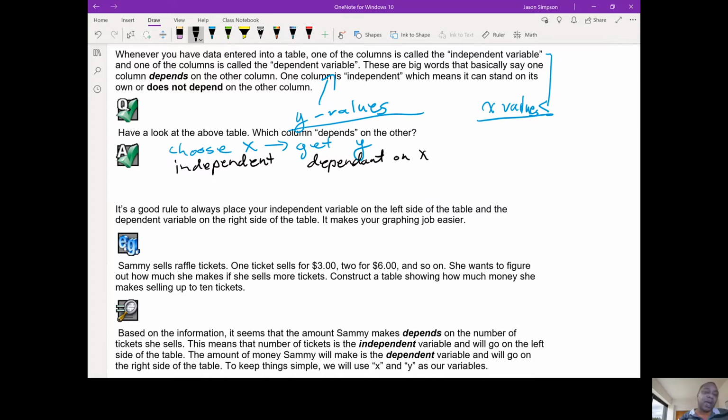So whatever x values I have, I choose it, and then I know what my y value is, okay? That's all it is. So in this case, we choose the number of books, based on what we studied before, and this tells us the cost of those books.